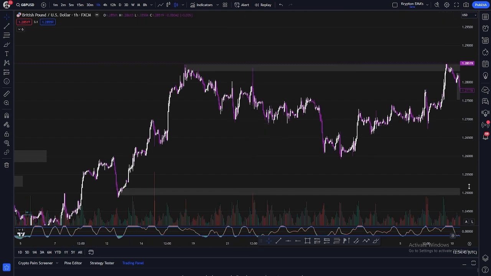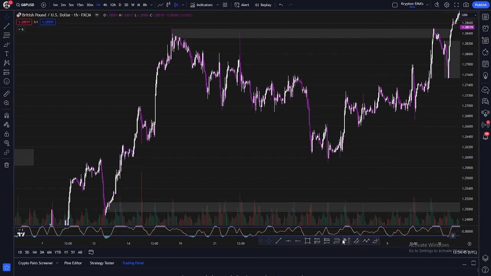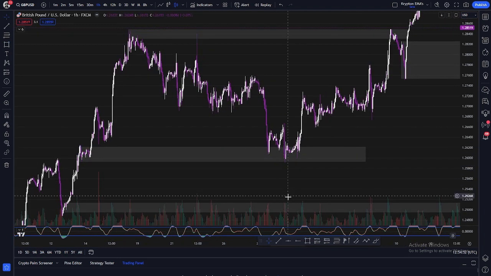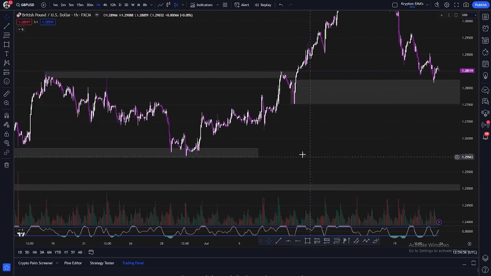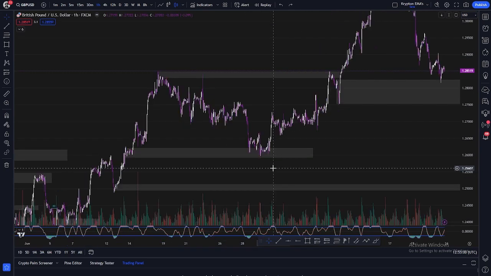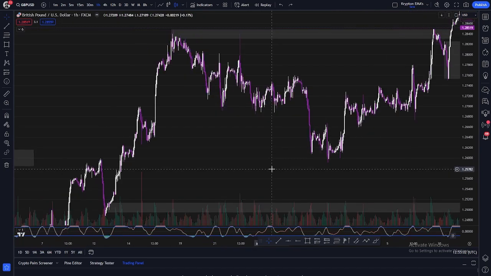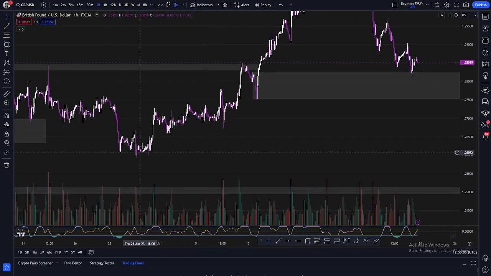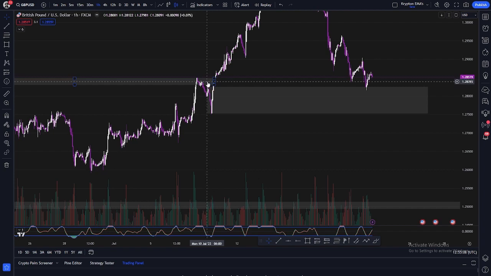Here's another one I didn't see, but you could argue that this is an order block here. Would have stopped you out probably, but you could argue this was a nice order block to have this entire run go for you as well. Let's just make sure that that is still drawn for the sake of the video.